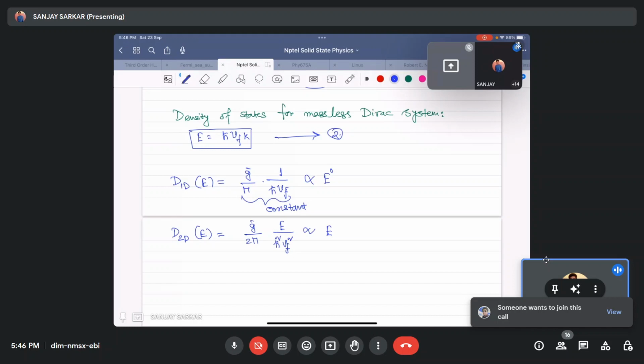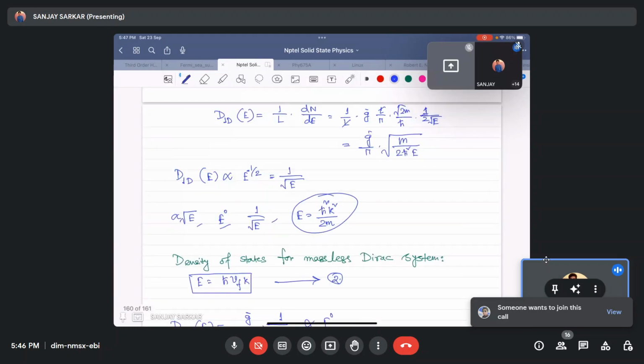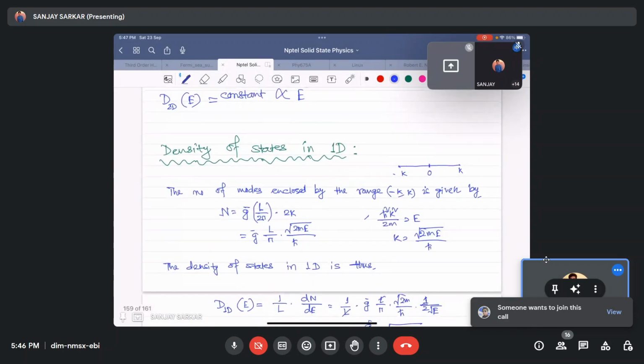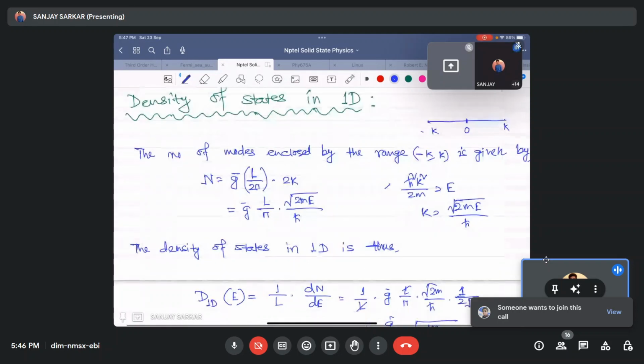What about others? Are you calculating, or can't you calculate it? Do I need to solve for 1D and 2D, or did you get the answer? For 1D it is constant and for 2D it is proportional to energy. See, everything will be the same as in this problem. In 1D it was 2k, right?